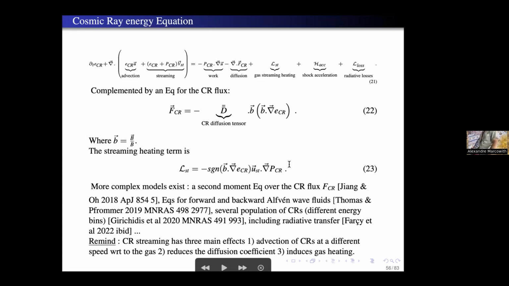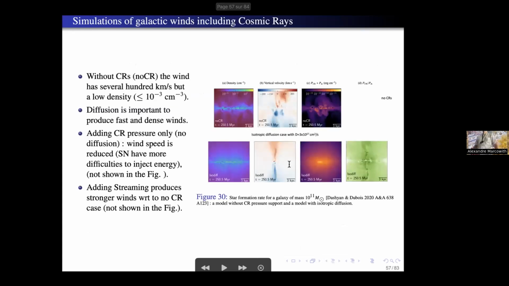Okay, and then you have to solve this equation, and this is some kind of trick. It's very small, but just to show you the difference between having no cosmic rays and having cosmic rays in the gas wind solution.